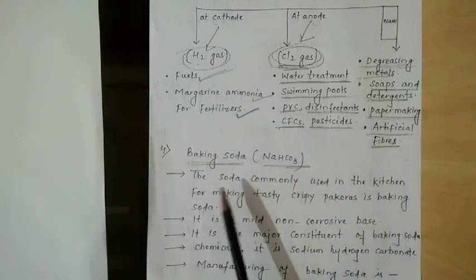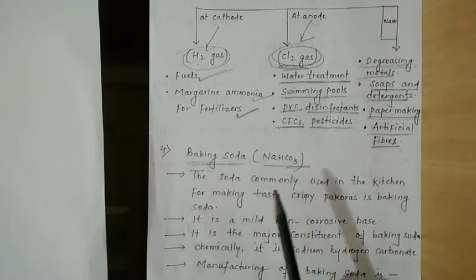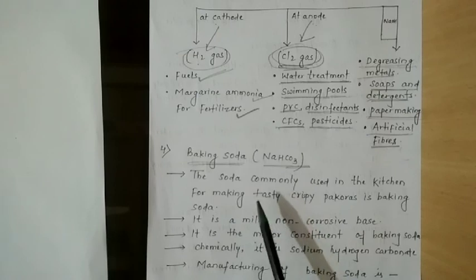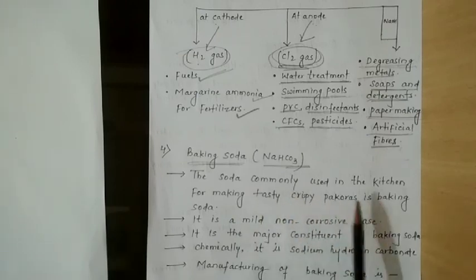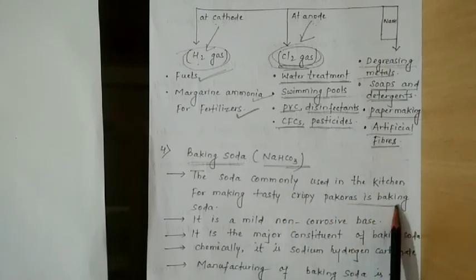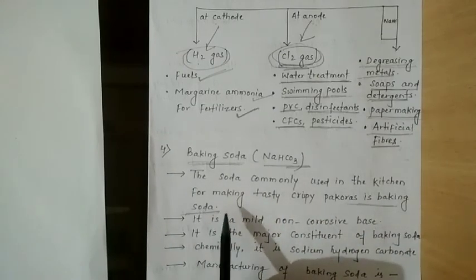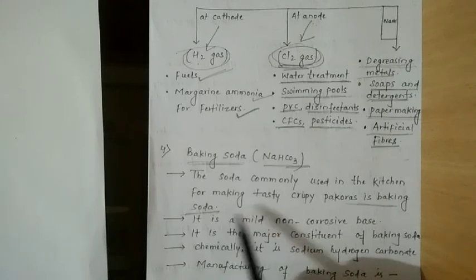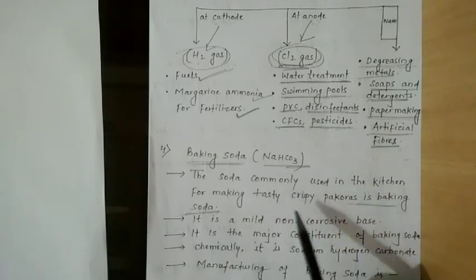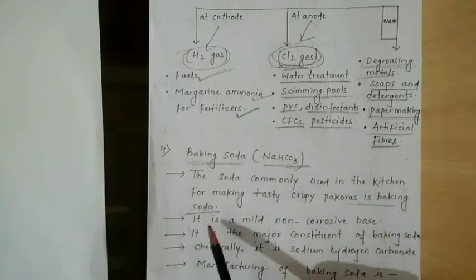So the soda commonly used in the kitchen for making our food items tasty, crispy pakoras is nothing but baking soda. So this is used especially in the kitchen, to make our pakoras tasty and crispy.